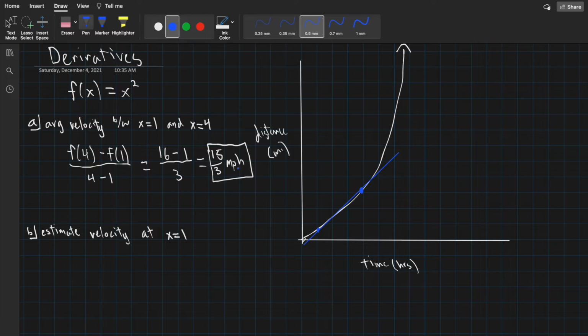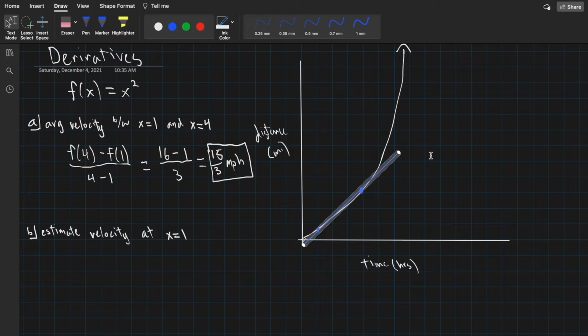Let's try and think of examples of where it would be a good estimate and where it would be a bad estimate. For example, if I was traveling the same speed the entire time, then if I average out over the interval, I should get the same speed no matter where I was in that interval. So that would be an example of where it would actually be a good estimate.